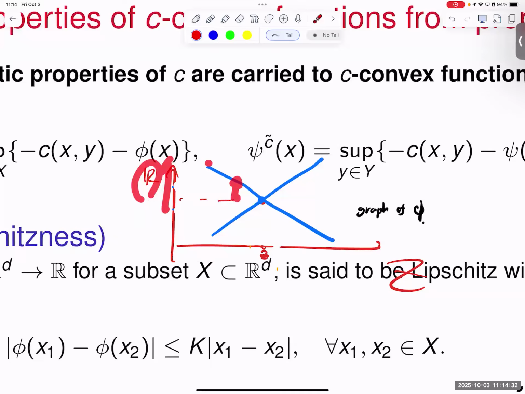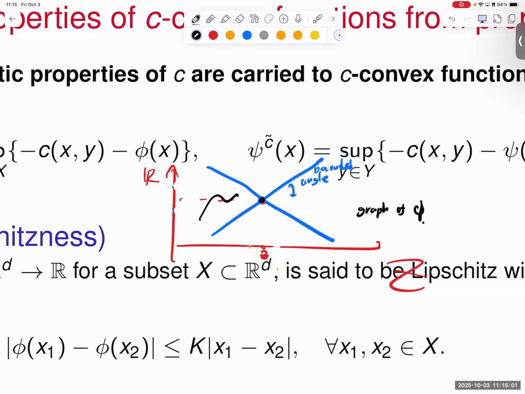It has some kind of angle. Here you can take any direction in z, but in the r direction you can only go this way. That's the cone, bounded at some angle, so that your graph passes through this point and stays inside.